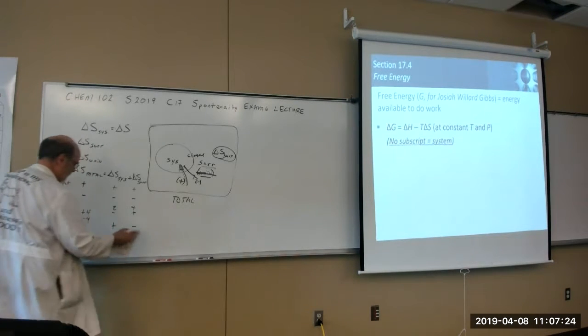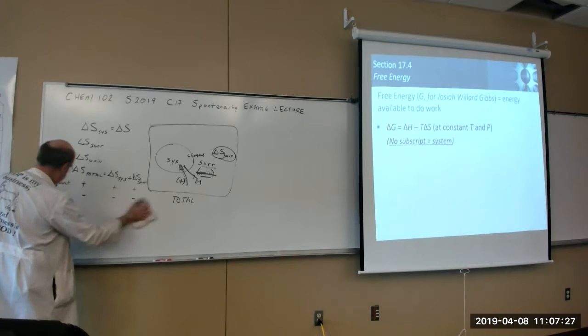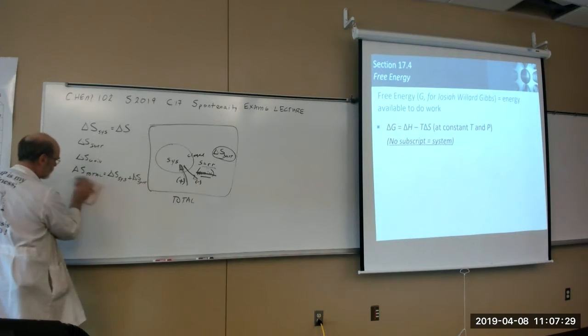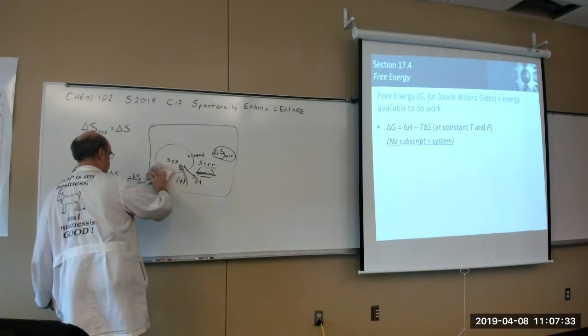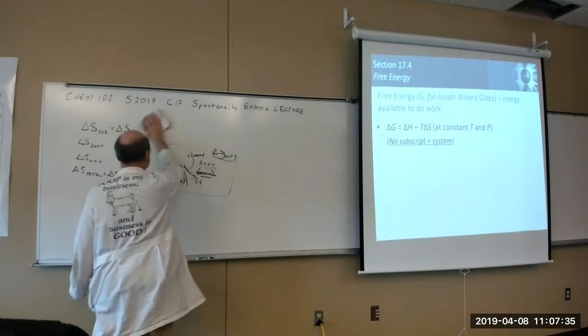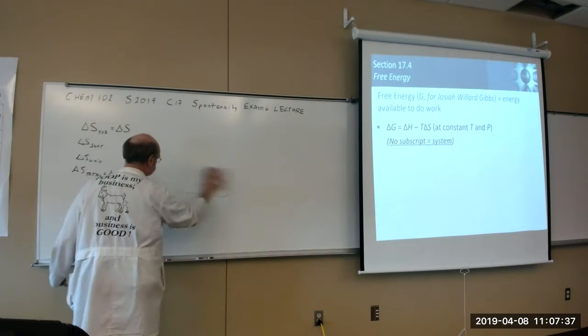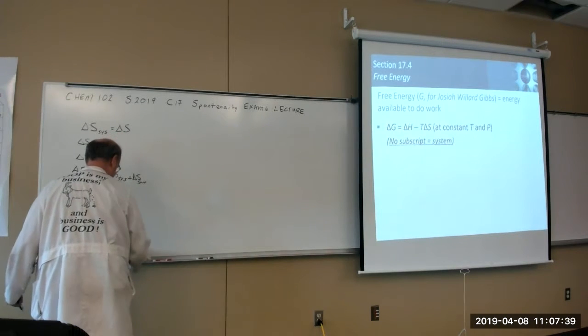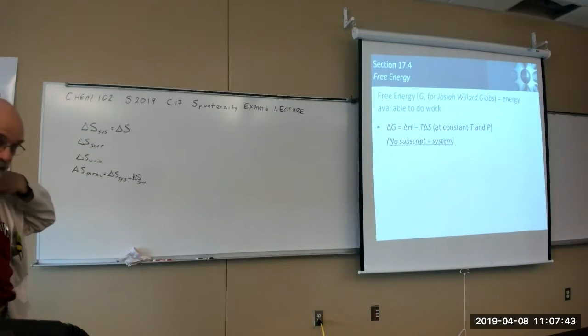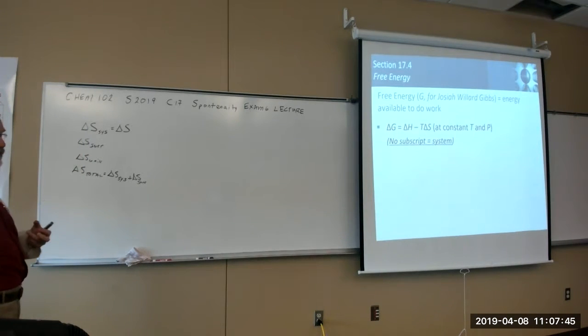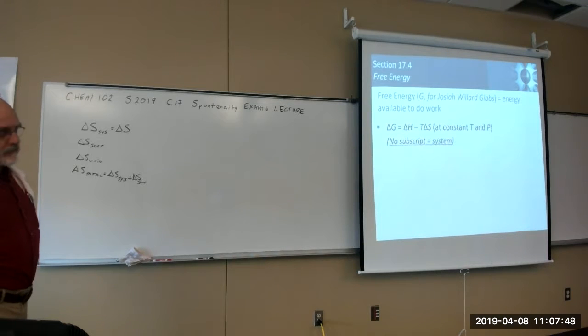Now, after going to all that trouble, we've got a better way of dealing with it. It's the concept of free energy, and it was developed by Josiah Willard Gibbs. That's why they call it G, for Gibbs free energy.